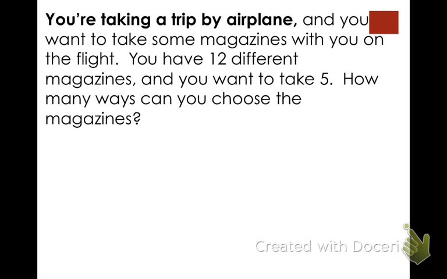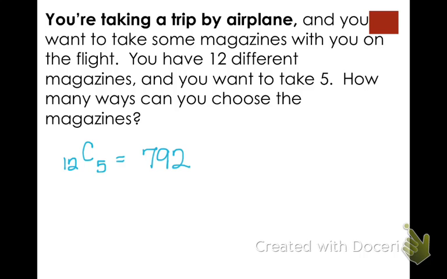If you were trying to choose 5 and then decide what order to read them in, then there would be more possibilities. But this is only choosing, and that would be a combination. So we would say 12 choose 5, and that would be 792 possible combinations of 5 magazines out of 12.